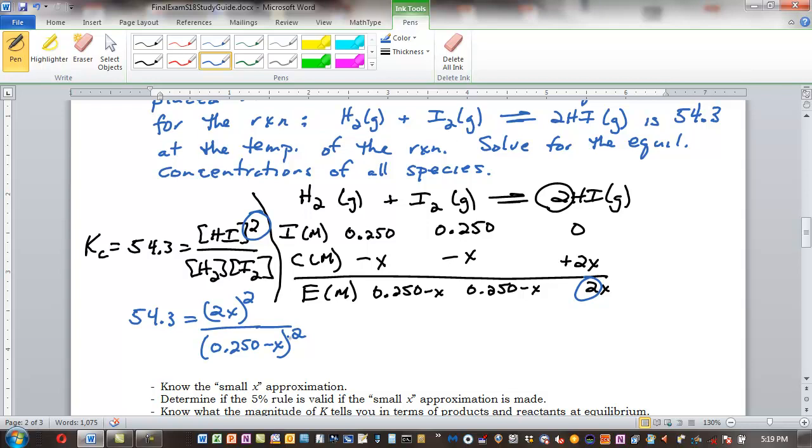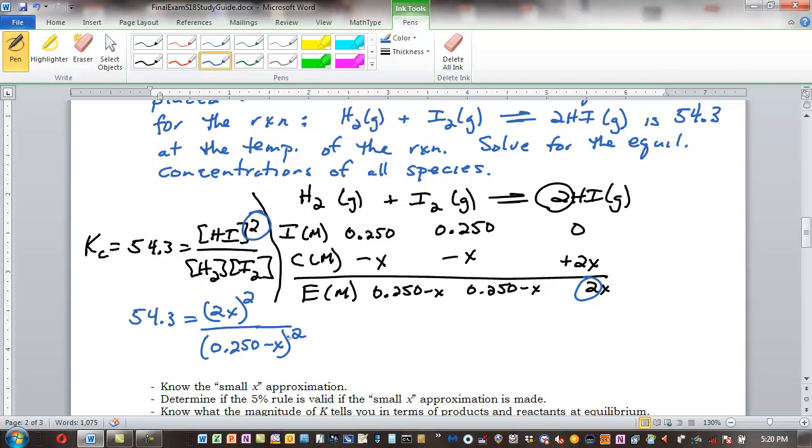There are other factors that come into play. Concentration will come into play as well. But this certainly is not a small K. So we cannot make a small x approximation here. But I chose a pretty easy problem because we do not need to solve a quadratic unless you really want to. Anybody want to? No.